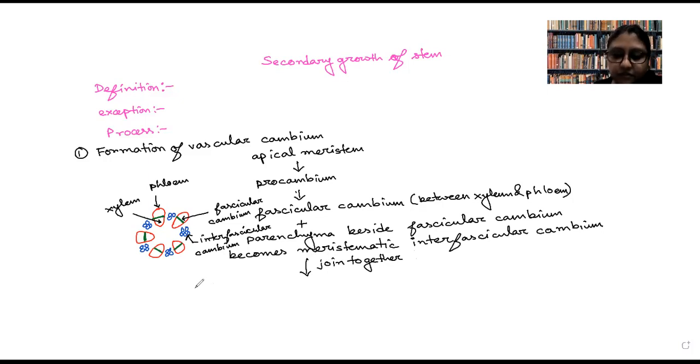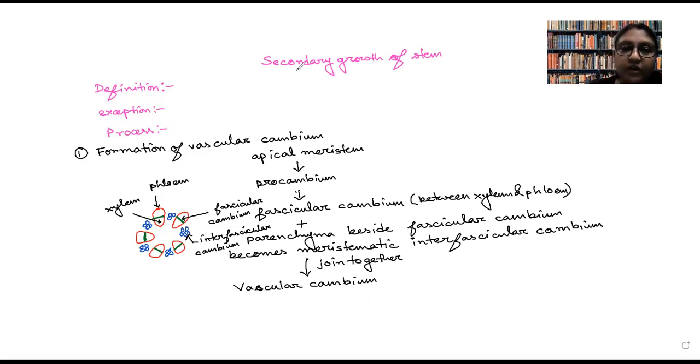Pay attention. Now, they will combine together to form vascular cambium. Why is it called vascular cambium? Because they are associated with the vascular tissue. That's why they are known as vascular cambium.